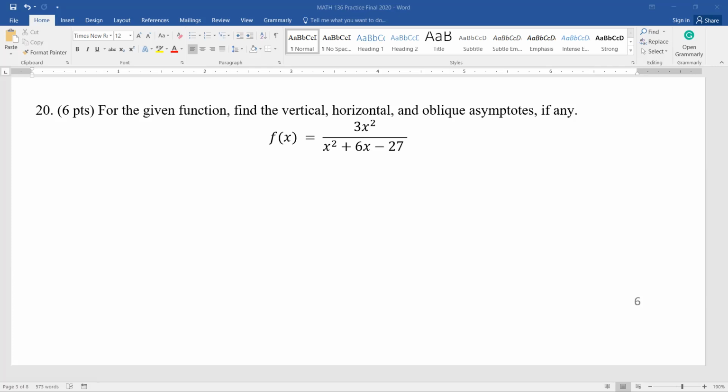So we have vertical asymptotes at x equals positive 3 and x equals negative 9. So we're just setting both of those equal to 0 to find our two equations.